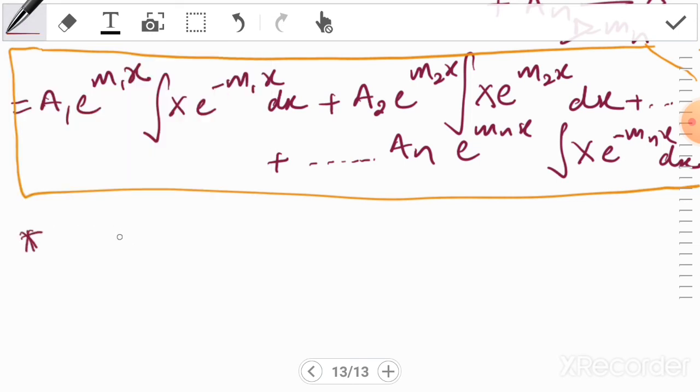Next is to solve a differential equation with variable coefficients.